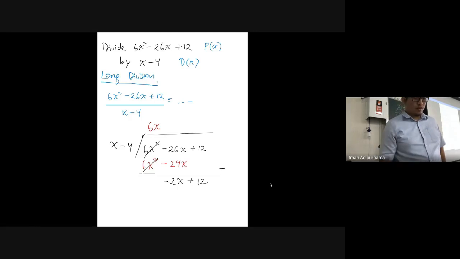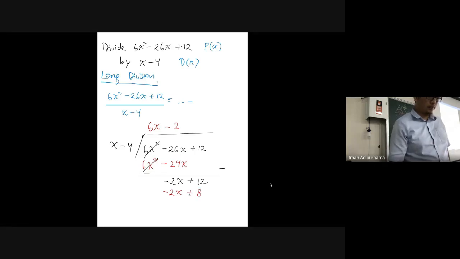Then the next part is this negative 2x. You need to multiply x minus 4 by negative 2 to get negative 2x, so negative 2 times negative 4 gives plus 8.